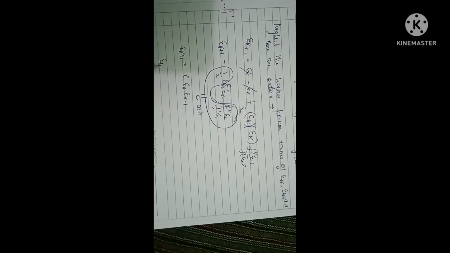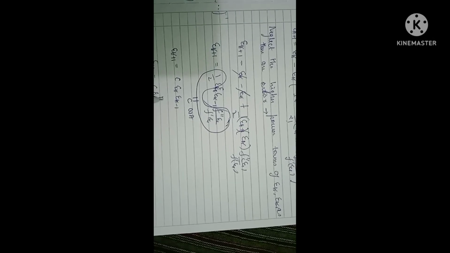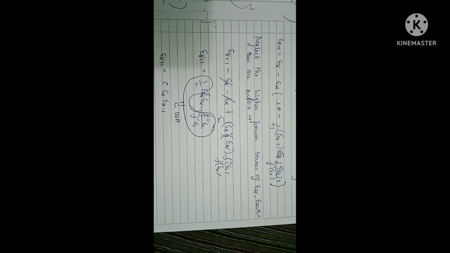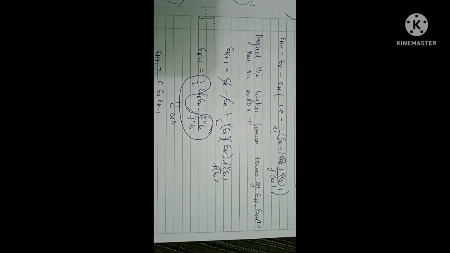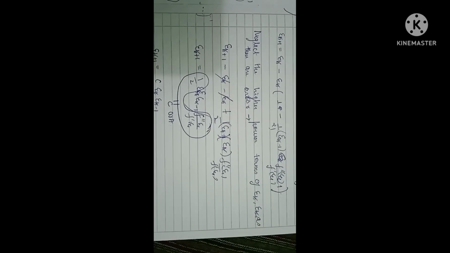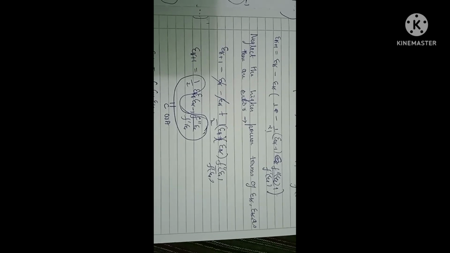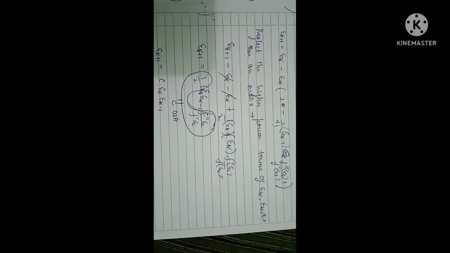Now we can write e^(k+1) = c e^k to the power p, and e^k = c e^(k−1) to the power p, so e^(k−1) = (e^k/c)^(1/p).